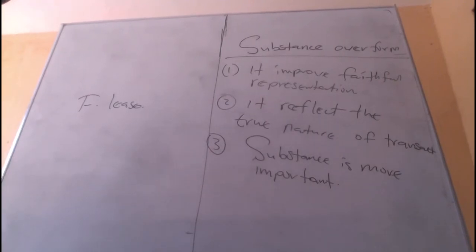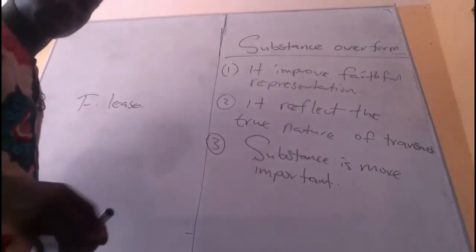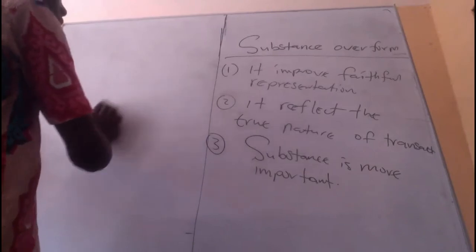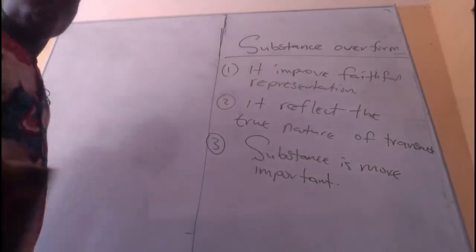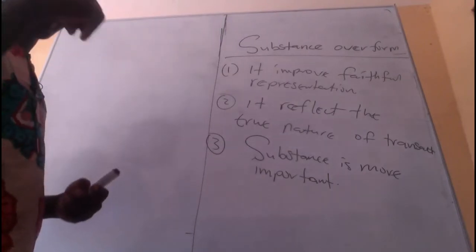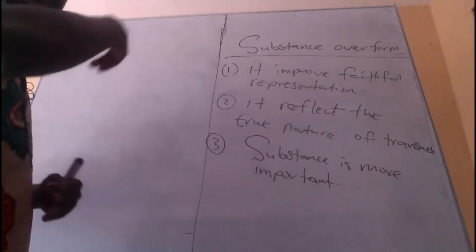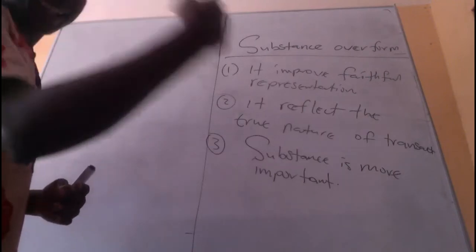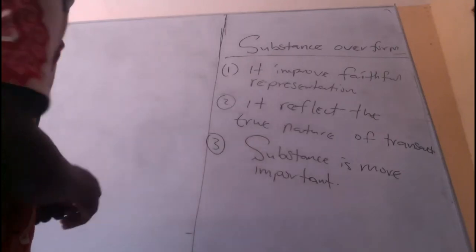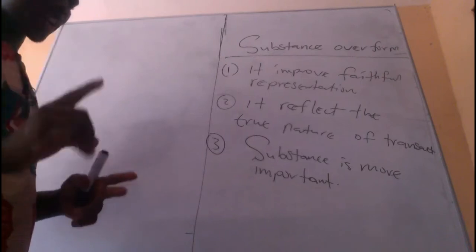So anytime ownership and control of an asset are in different hands, or you have an asset that one person controls and a different person owns, it may indicate or suggest substance over form. Then quickly you analyze that. So that's my first point. Take note, this bit is a bit tricky.